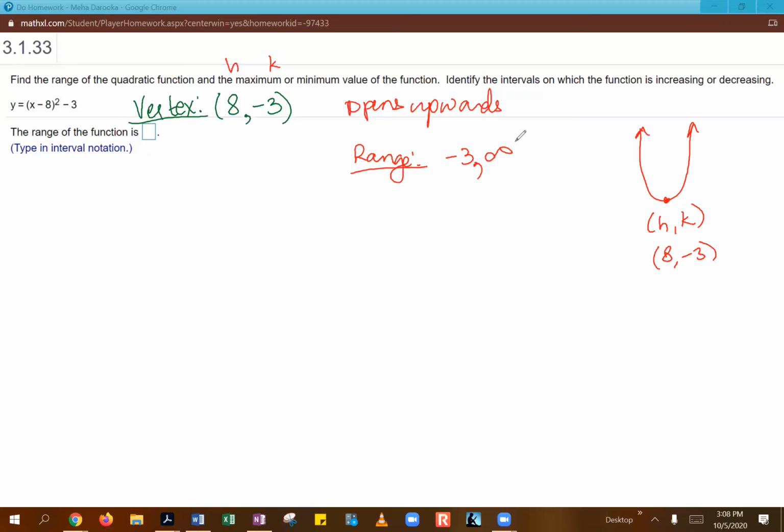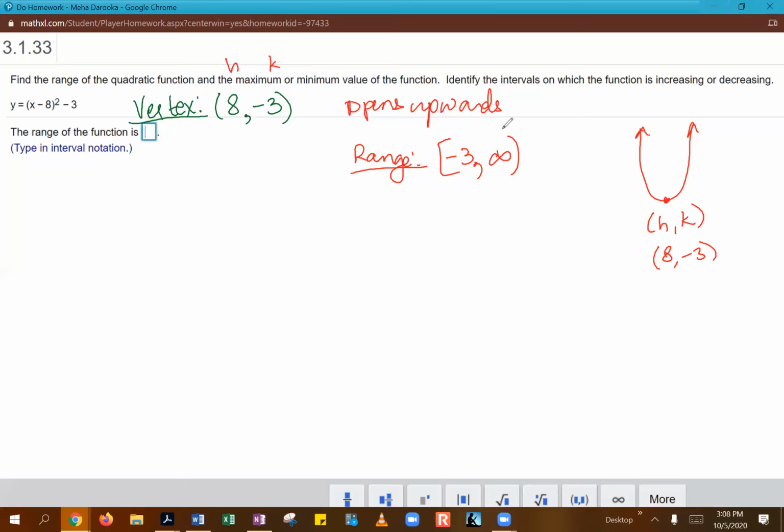Nathan, Shayna, you're saying the same thing. Trey and Oliver, negative 3 to infinity, including negative 3. Very nice. So let's type that in here.